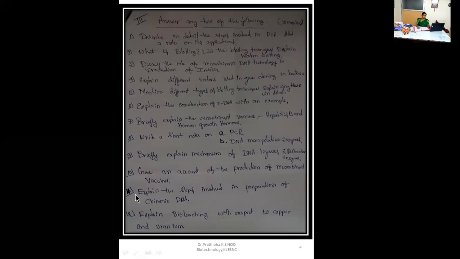Eleventh question, explain the steps involved in preparation of chimeric DNA. Twelfth question, explain bioleaching with respect to copper and uranium. All these 12 questions you must explore, then you will be able to write your internal test very successfully.